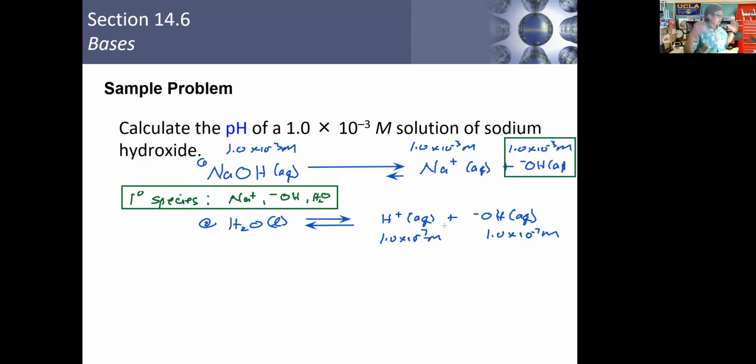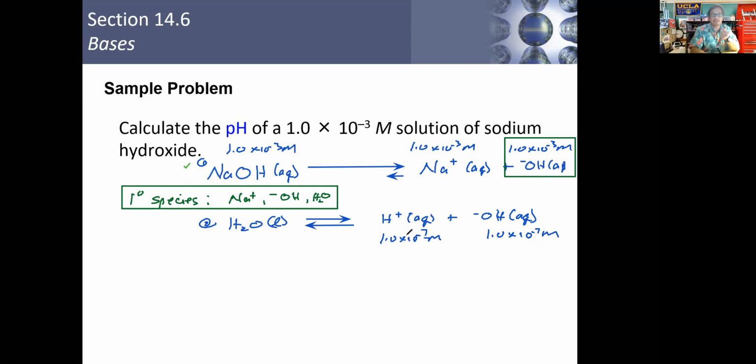The calculation will involve primarily this equilibrium. Let's work this out. We don't have any pH here, since no hydrogen ions appear in this equilibrium. We do have hydrogen ions in the second equilibrium, but the amount is so small that it's negligible.